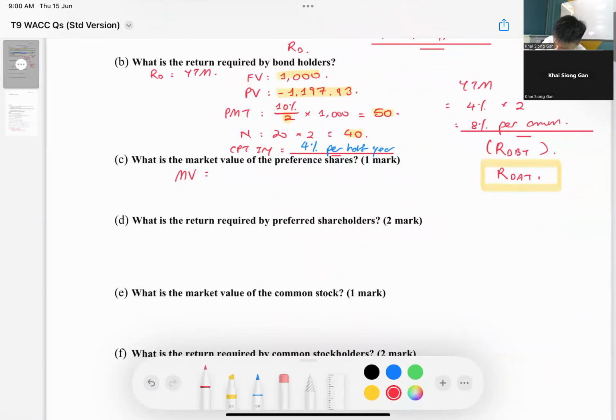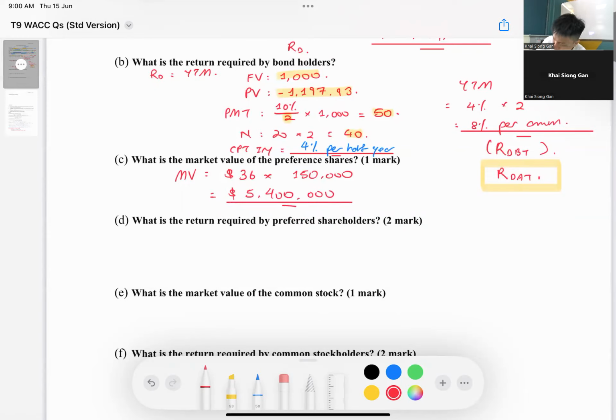So 36 times 150,000 gives you 5,400,000.